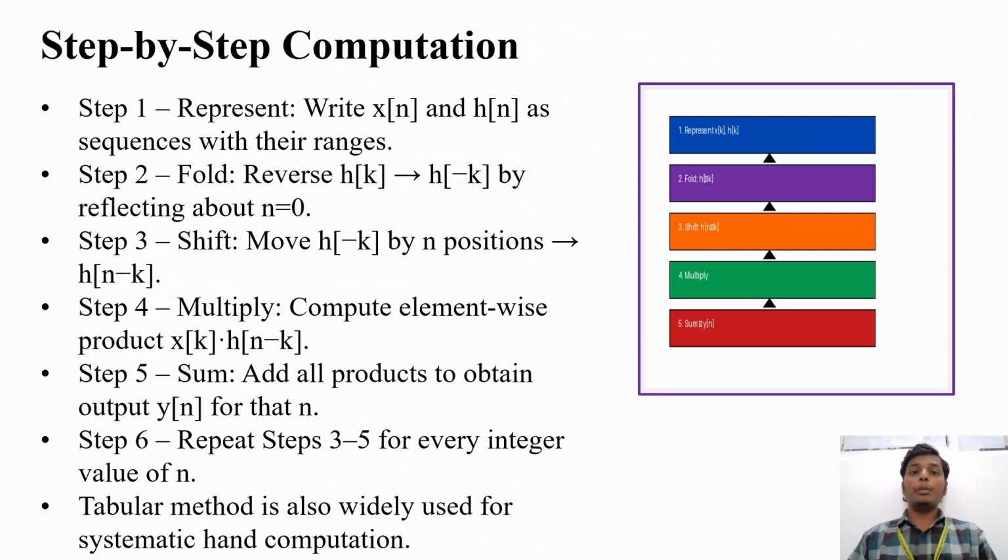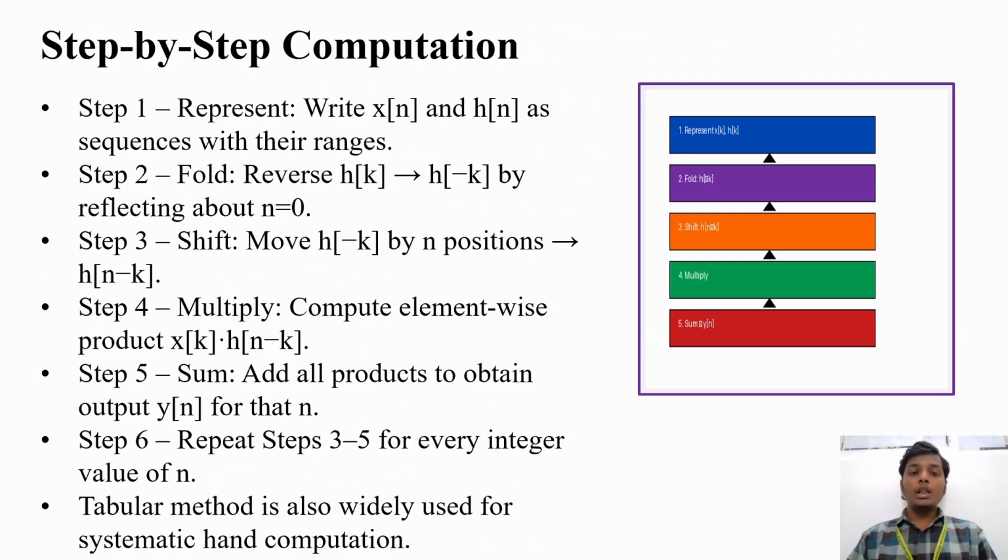Step-by-step computations. Step 1. Represent: write x[n] and h[n] as sequences with their ranges. Step 2. Fold: reverse h[k] to get h[minus k] by reflecting about n equals 0. Step 3. Shift: move h[minus k] by n positions to get h[n minus k].